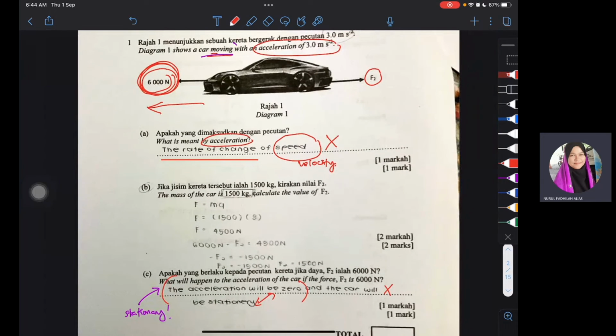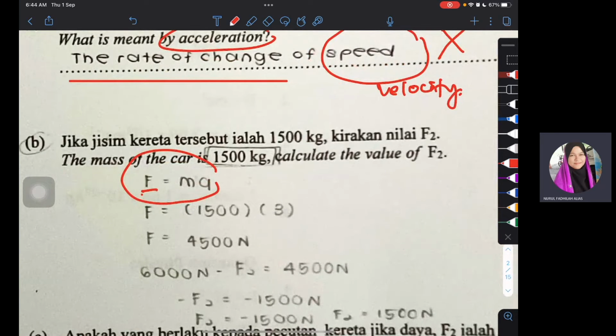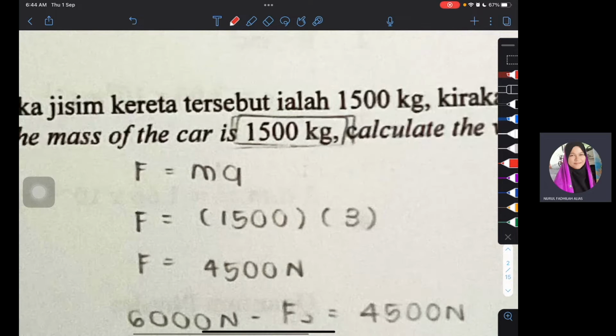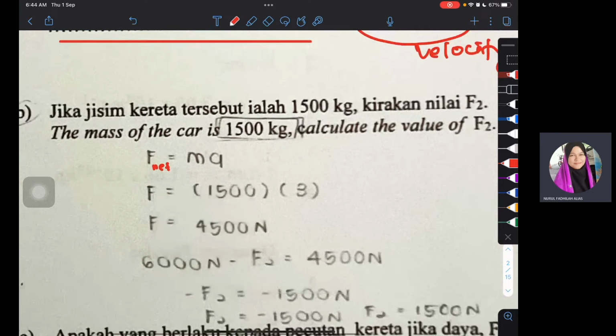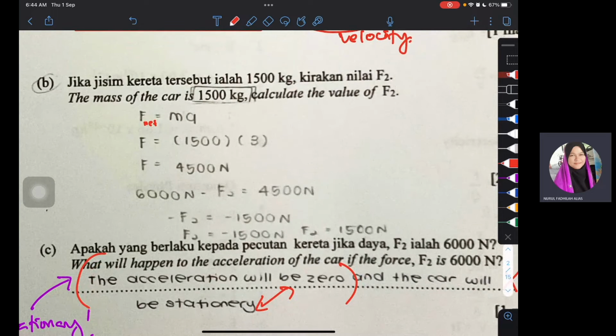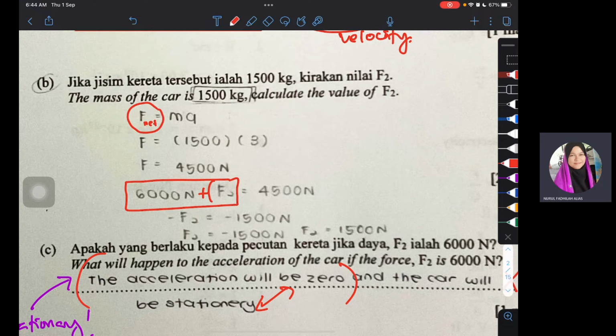Friction of the tires, drag or whatever. So F equals MA. This is not only any force. You have to remember F equals MA is actually the net force. The meaning of net force is you have to add all the forces. These are the forces acting on the car. 6,000 is the force due to the engine, plus negative F2.